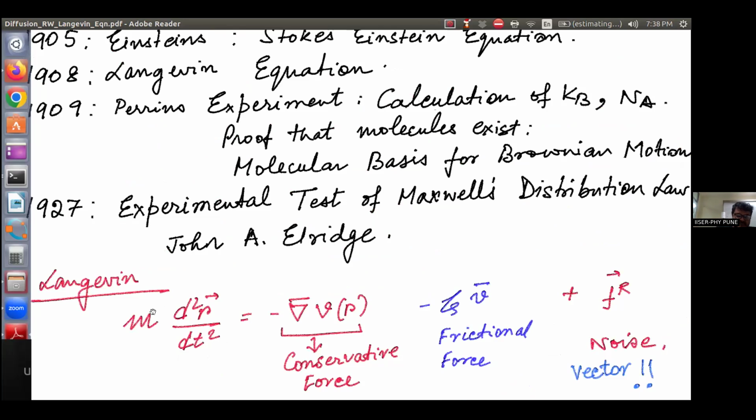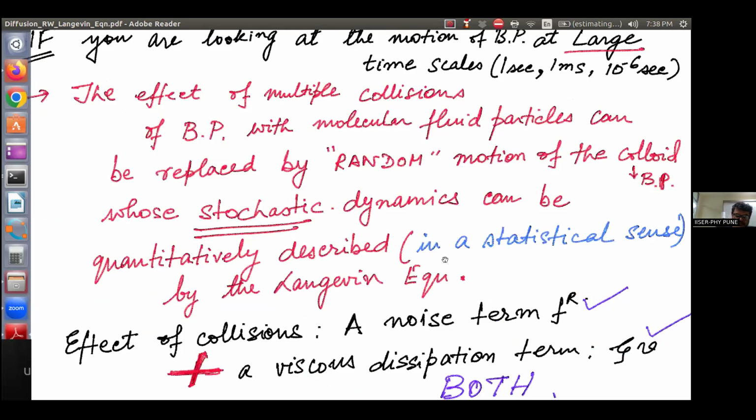But we are saying that statistically, the motion of Brownian particles can be described by the Langevin equation, where essentially, over and above your standard Newton's equation, we have also incorporated the effect of the frictional force. One force is a conservative force, a force which can be derived from a potential. The other cannot be derived from a potential, and this is a random force. So the effect of collisions is not taken into account only by a random force.